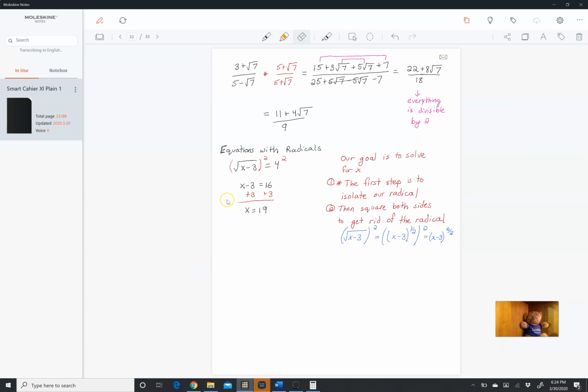Okay. Now, before we say that's an answer, we don't want to just say it's an answer. What we want to do is we want to check. We want to check to make sure our solution is not extraneous.